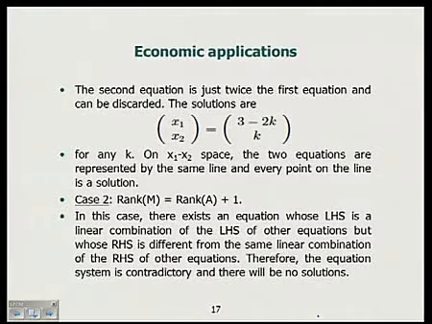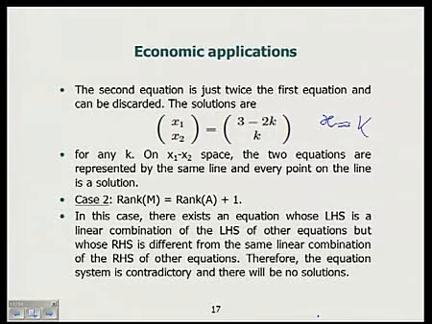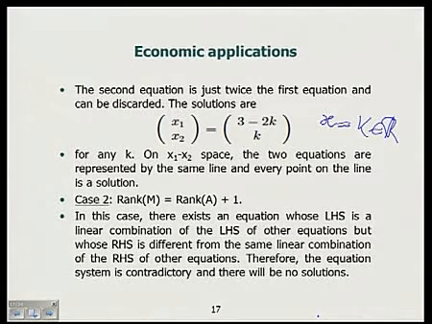Then the second equation is just twice the first equation, and can be discarded. Then the solutions are x1 is 3 minus 2k, and x2 is equal to k. I can choose k like a scalar number in R, and x1 depends on the choice of k. k can be whatever I want.